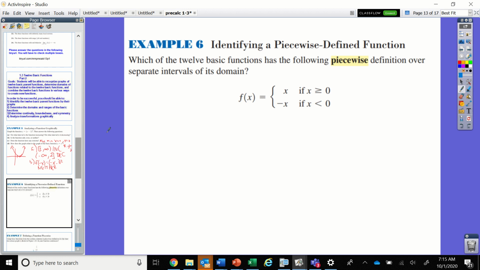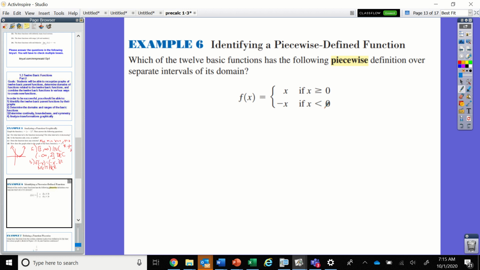It says, which of the functions is a positive x for all of the values in which x is greater than or equal to 0, however, has a negative x to show that it is less than 0.